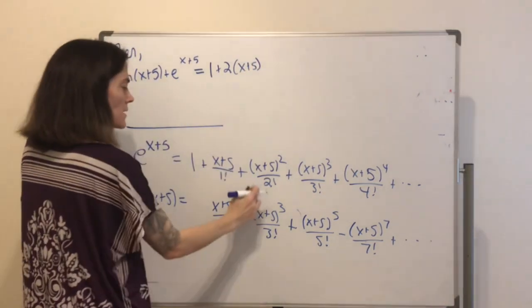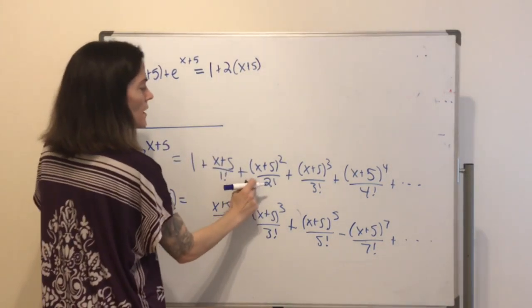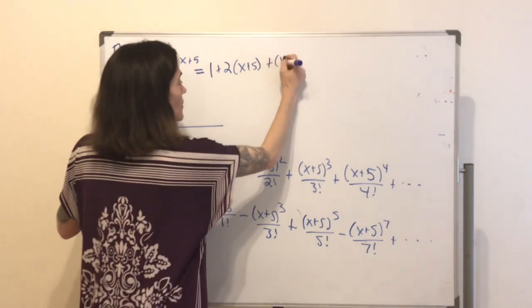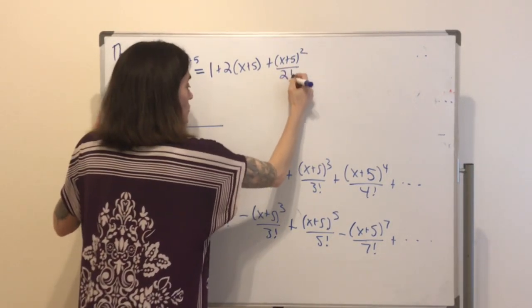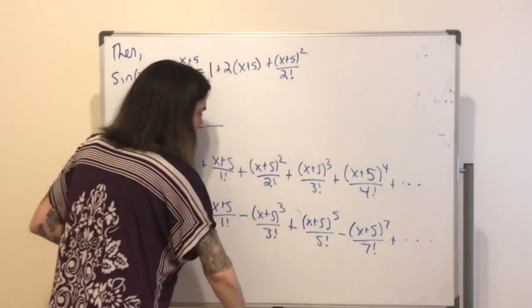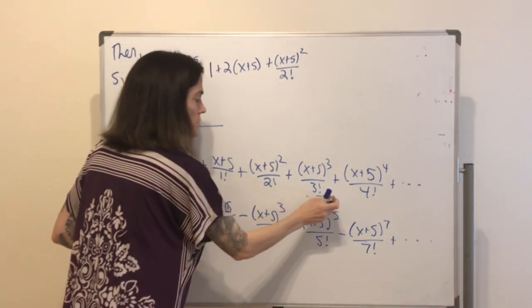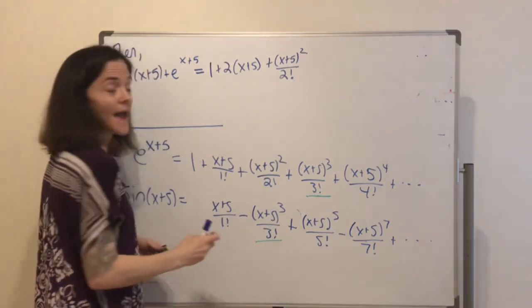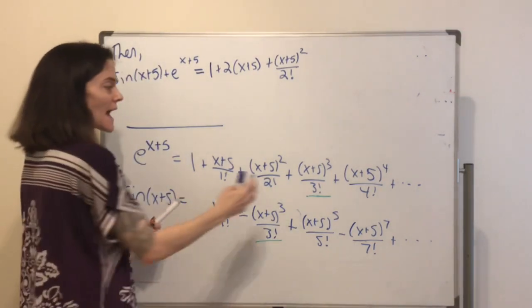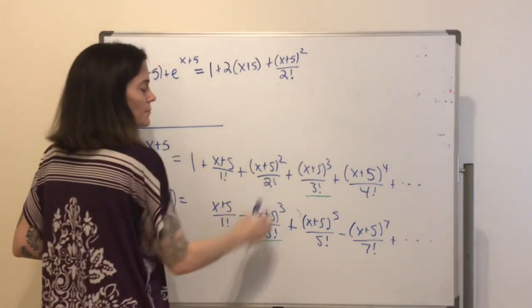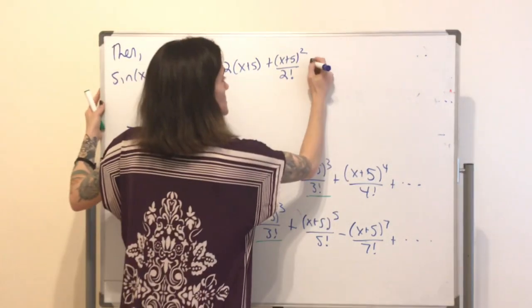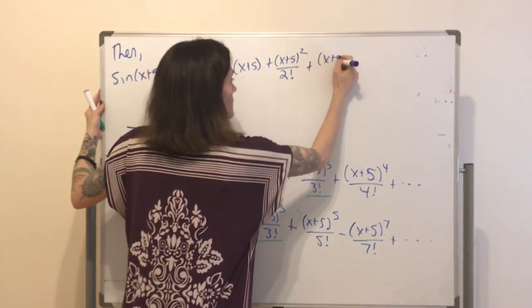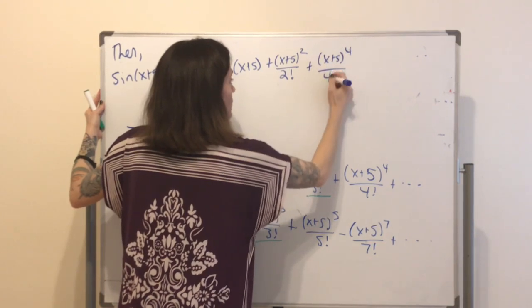Then here's the only part with (x plus 5) squared over 2 factorial. But if you notice, when I add these two, they add to 0. So I do not have a degree 3 piece here. Then I just get (x plus 5) to the 4th over 4 factorial.